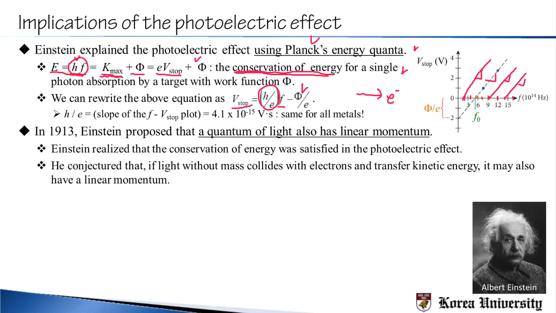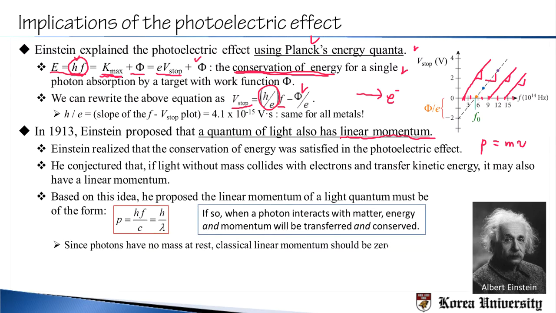So from this idea, Einstein proposed that this quantum of light, the photon, has a linear momentum. It is a very surprising idea, because the linear momentum, which we typically know as mass multiplied by velocity, requires mass, but light does not have mass. How come it has any linear momentum?